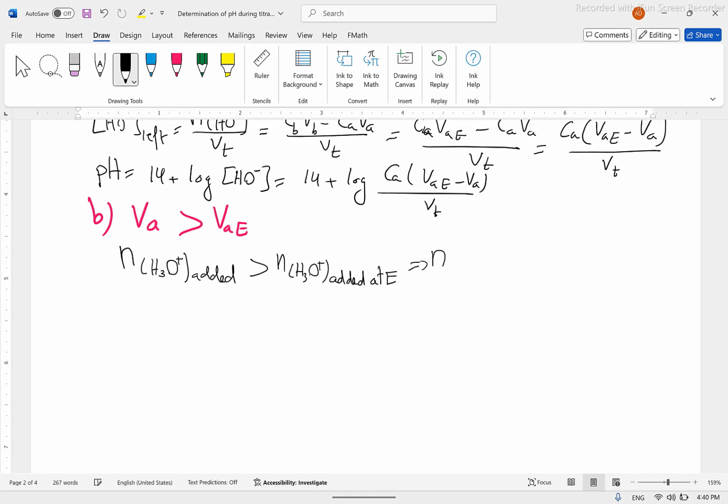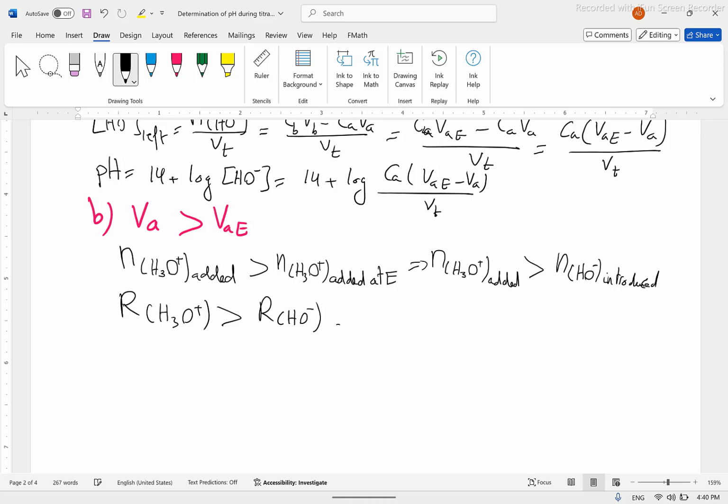Therefore, the number of moles of H3O⁺ added is greater than the number of moles of HO⁻ introduced, since at equivalence the number of moles of H3O⁺ added equals the number of moles of HO⁻ introduced. Therefore, the ratio of H3O⁺ is greater than the ratio of HO⁻, and the medium is acidic. That means H3O⁺ is in excess.